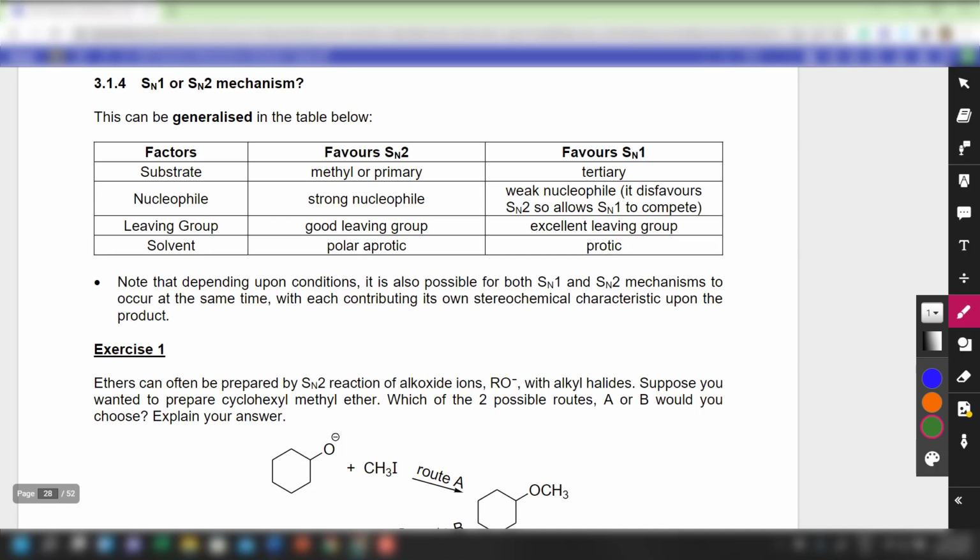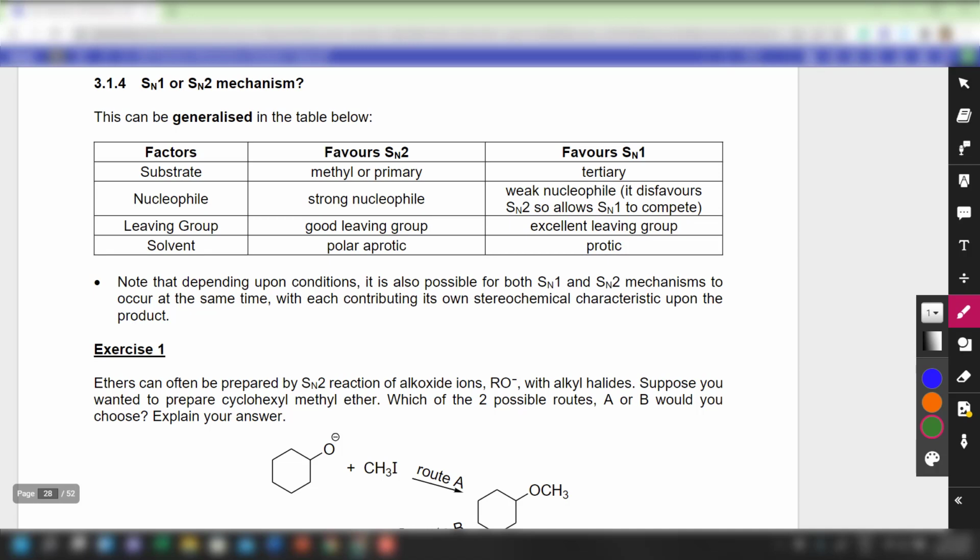But still, after we make that intelligent guess, we cannot say for sure that it is really like that. We still have to perform kinetic studies, and from the kinetic studies we will be able to tell if it's SN1 or SN2. This is the truth.